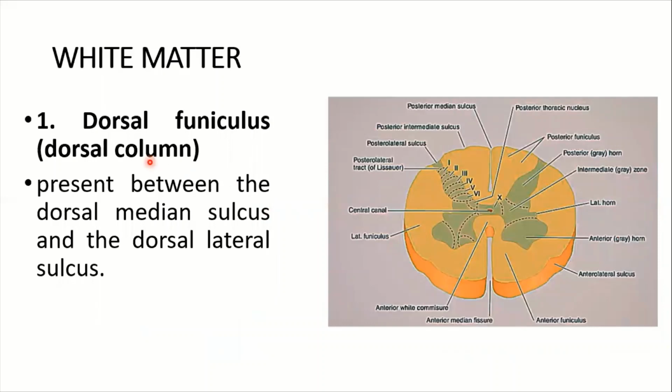First of all, white matter has a dorsal funiculus, the dorsal column. Here it is, where you can see the red laser moving on the right side. That is the dorsal column, or the dorsal funiculus. It is present between the dorsal median sulcus and the dorsal lateral sulcus.